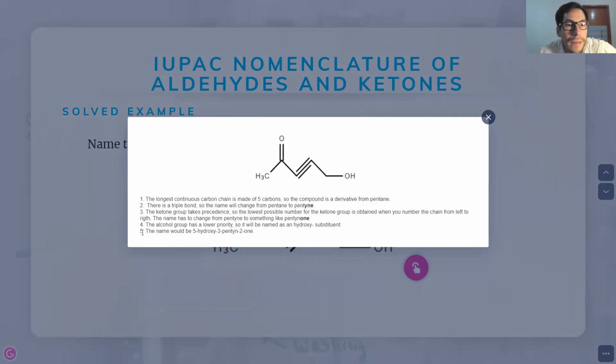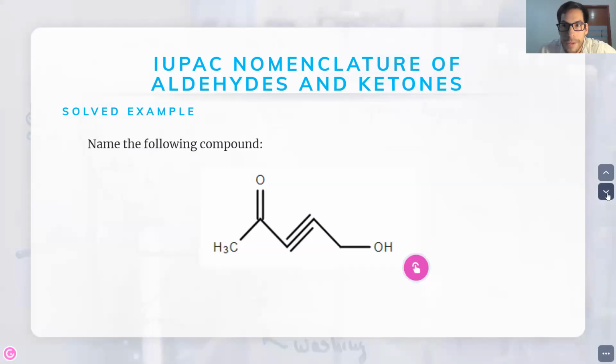So finally, the name ends up being 5-hydroxy, because it's on carbon number 5, 5-hydroxy, 3-pentyne, 3 because the triple bond starts at carbon number 3, and 2-one indicates that on carbon 2 you have the ketone group. So it's 5-hydroxy-3-pentyn-2-one.